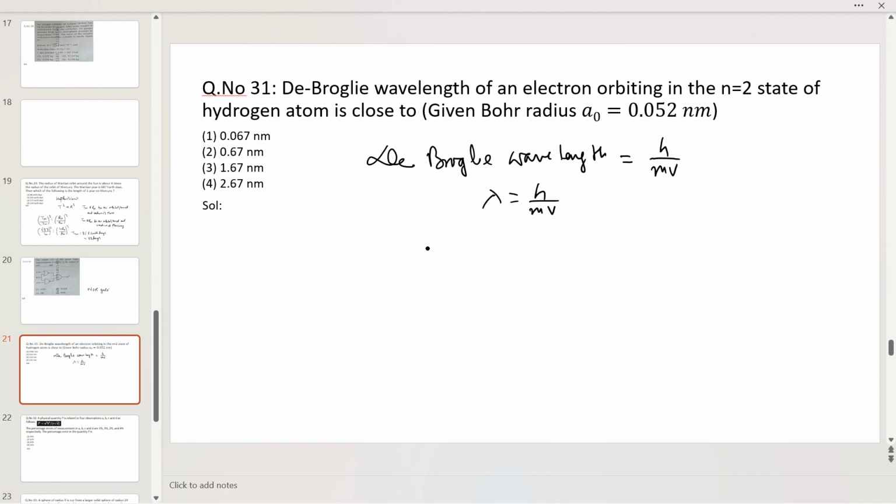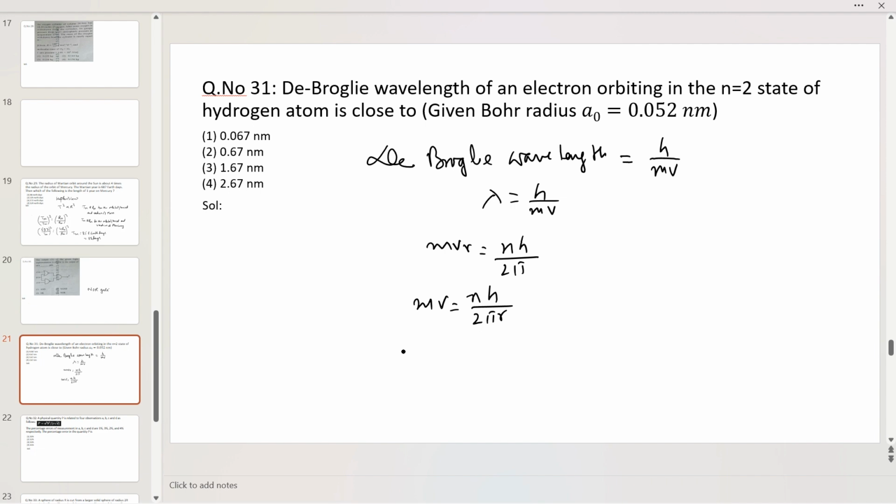Now we know that mvr is equal to nh by 2 pi, so mv is equal to nh by 2 pi r.